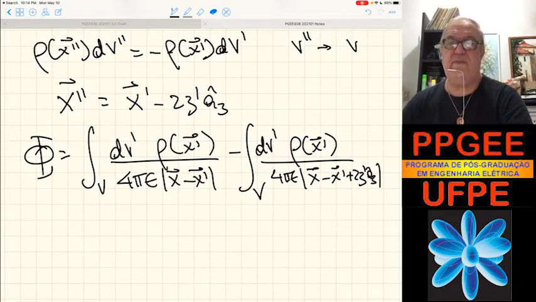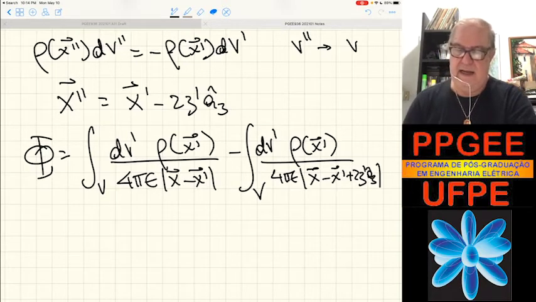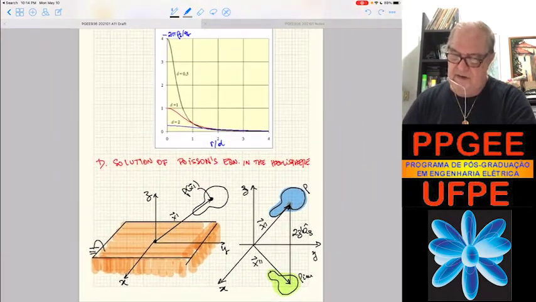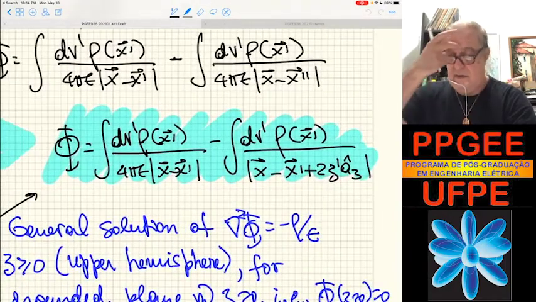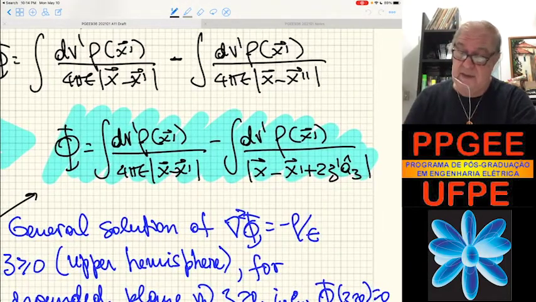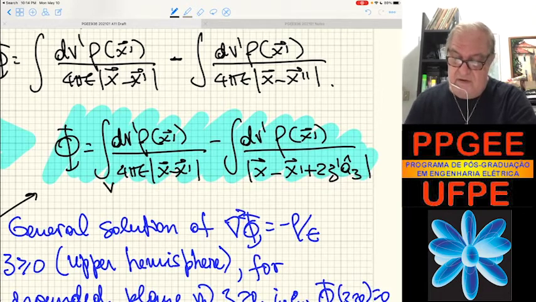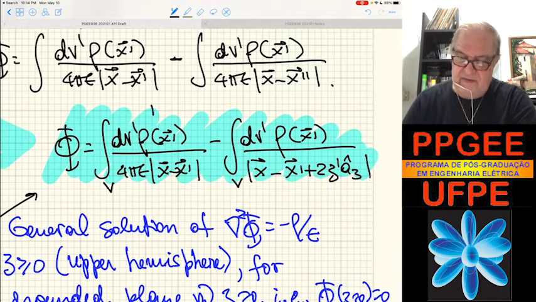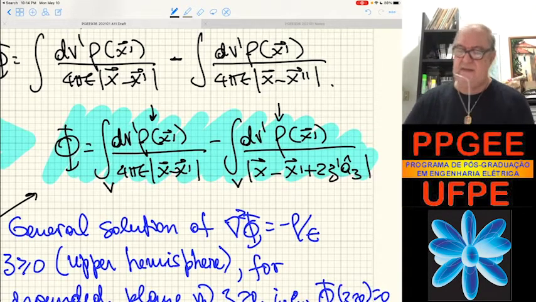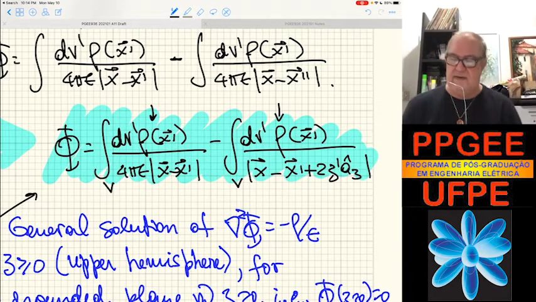So we solve now Poisson's equation on the upper half-space. Where is the integration carried out? Well, the integration is carried out on the volume where we have a density, right? That's where the integration is carried out.